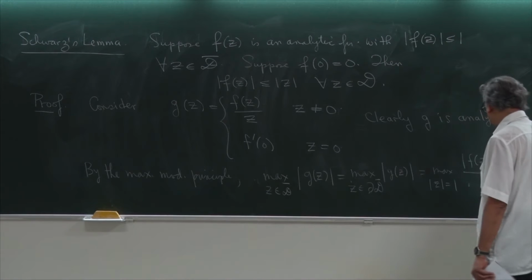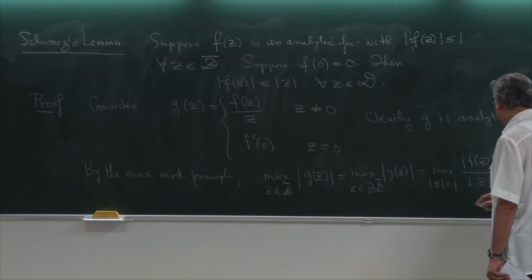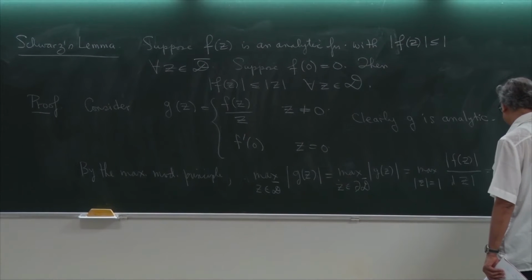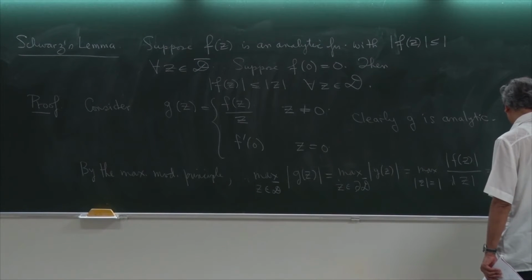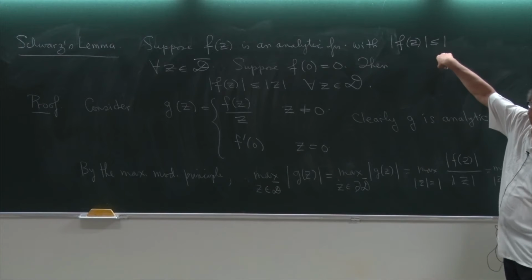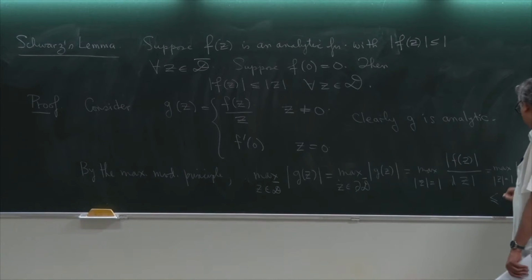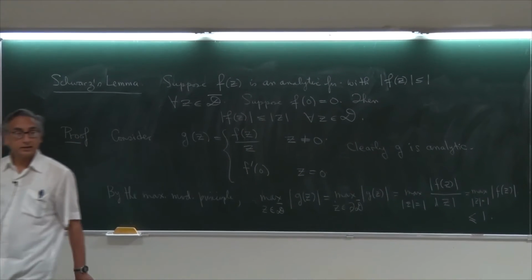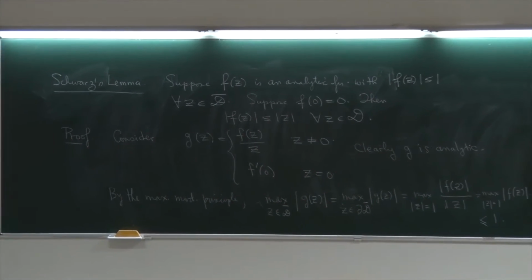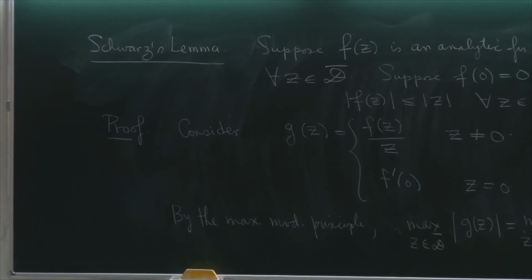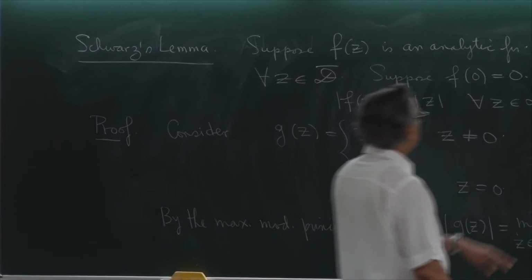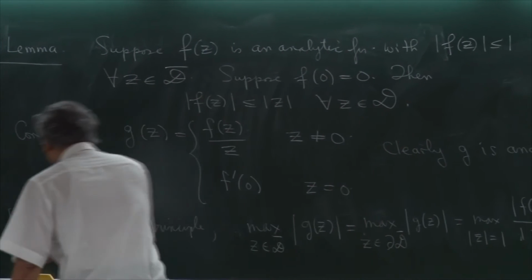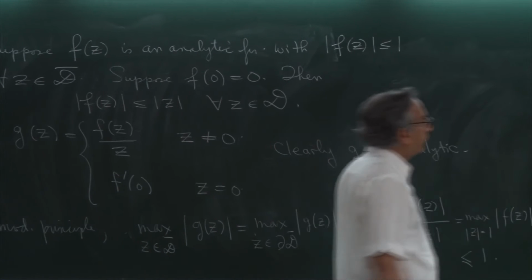And there I'm away from 0. But I have this bound. Okay. And therefore, g of z, which is f of z over z, in modulus is less than or equal to 1. Therefore, mod f of z is less than or equal to mod z. So it's a beautiful, cute thing. Somehow, this crude estimate can be sharpened to this result. So it's a very useful tool to have.